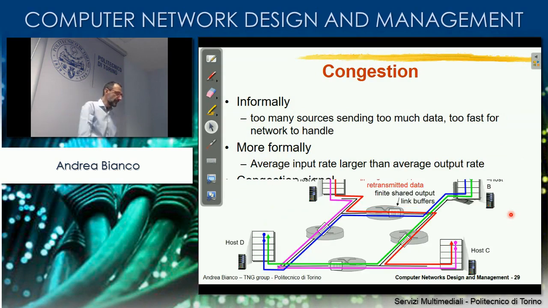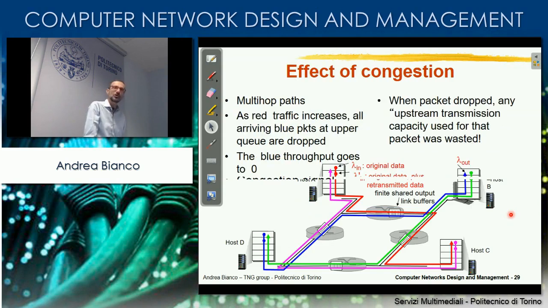And let me give you an example that makes the effect of congestion not so trivial, because you may say, okay, I have a link which is congested, I'm dropping some packets. At the end, if I have 10 megabit and I have 10 sources, all of them will get more or less 1 megabit per second, so it's not a big deal.